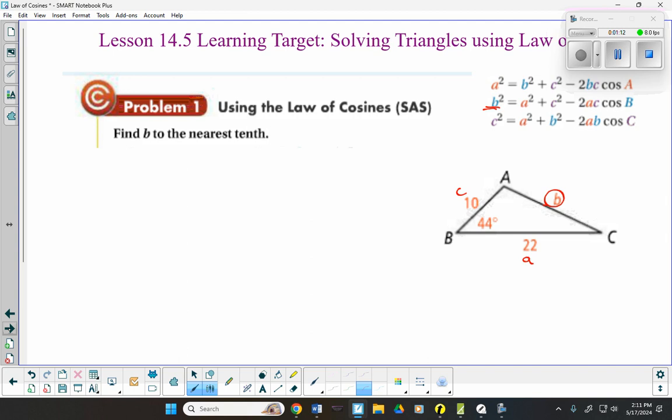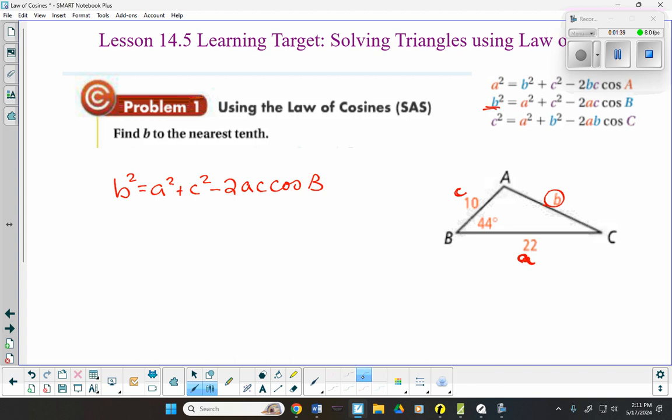So you are looking for B, which is right here. Across from angle C is side C. Across from angle A is side A. Since I'm looking for B, I'll choose the second equation. So B squared equals A squared plus C squared minus 2A times C cosine of angle B. Then I can fill in the values.